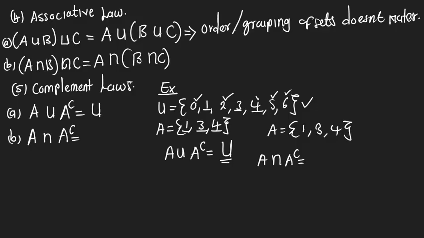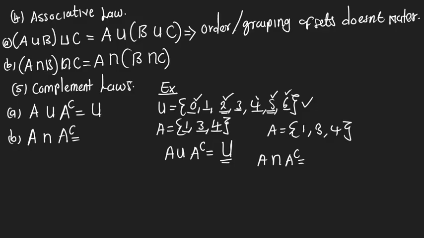Remember I said complement means outside of, so the complement of A simply means all the numbers that are outside set A. Now, all the numbers outside of set A are simply 0, 2, 5, and 6, okay?